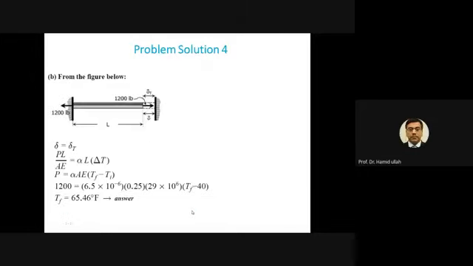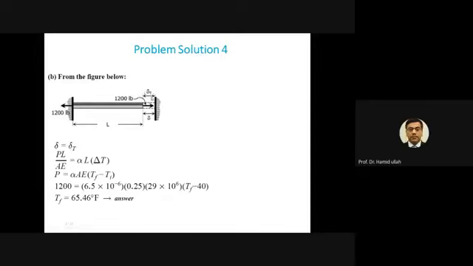This is one part. What was the second part? Again, like the previous, what is the temperature when stress is equal to 0. Again the same explanation: this much displacement the body wants to undergo because of temperature. Here you can see this much, but the reaction, or you can say the support, is not allowing this much elongation.